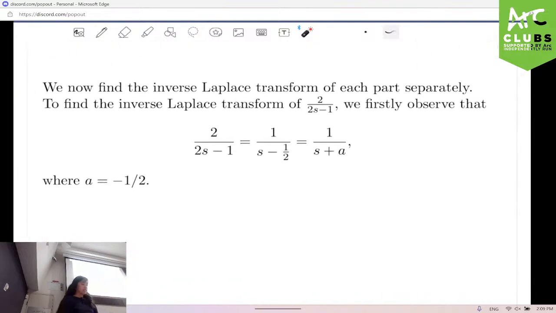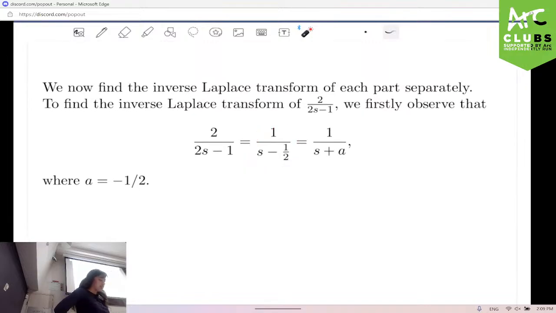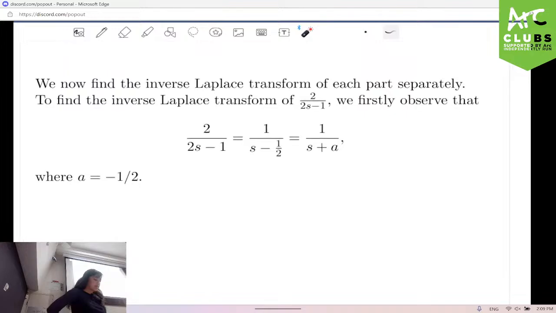We can simplify it, divide by 2, and we will get 1 over s minus half. And this is very similar to 1 over s plus a, where a is minus half.